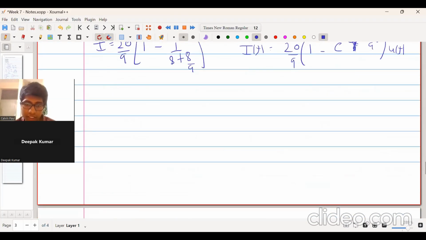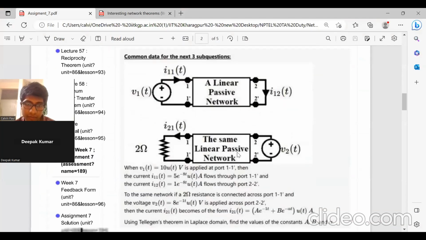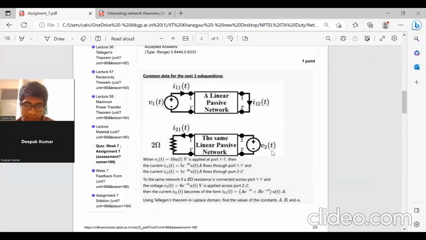Now we'll proceed with the next question. This is the question. This v1 of t is 10 into u of t, applied to this port, and this terminal is shorted. So v2 of t is 0. The values of the currents I11 of t and I12 of t are given over here.